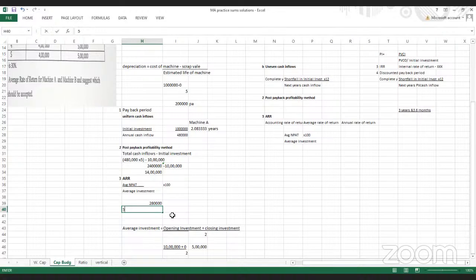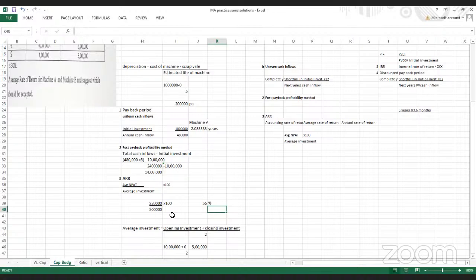Upon 5 lakhs into 100. That's it. Use this one only. So now I'll calculate the percentage. 2,80,000 divided by 5 lakhs into 100. So 56%.